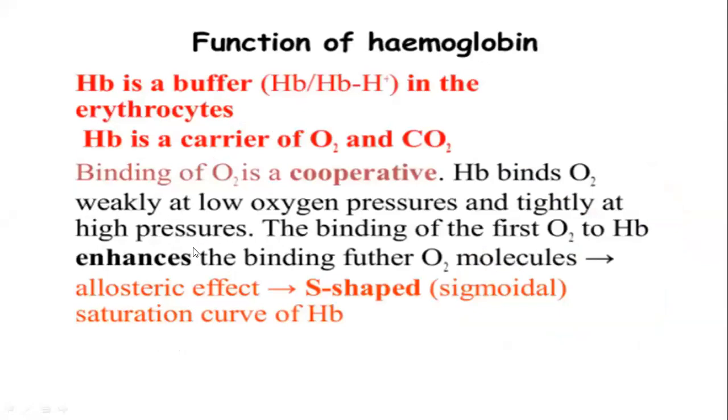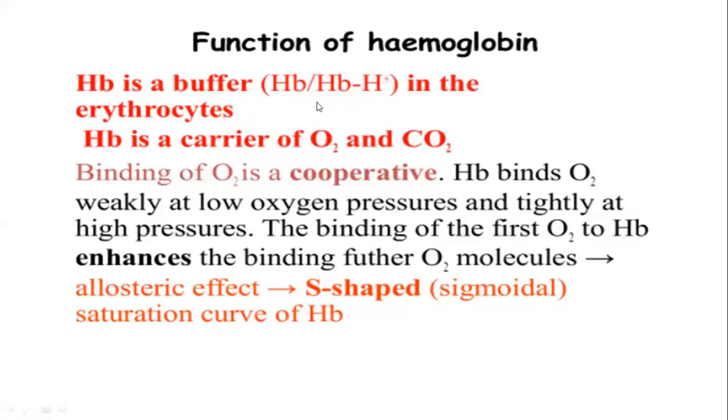Ladies and gentlemen, I think it would be unfortunate if we don't talk about the role of hemoglobin in managing our pH in the body. And so we know that hemoglobin also buffers the hydrogen ions in circulation. And how does it do this? Okay, other than it carrying oxygen and carbon dioxide, it also carries hydrogen ions.